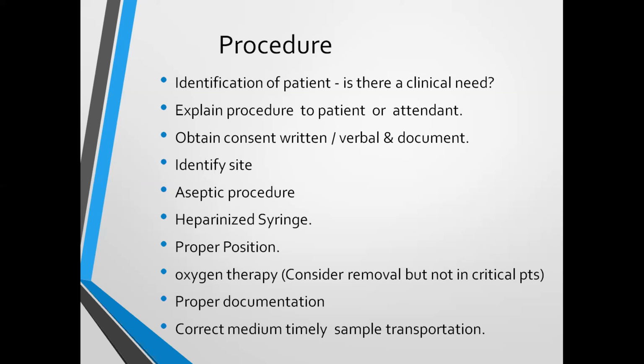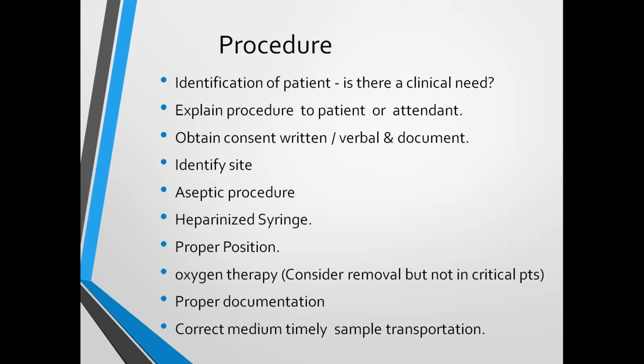Oxygen therapy: most of the patients who are in respiratory failure or on mechanical vent, the most important thing is that you should document the mode the patient is on, what the FiO2 is, or how much oxygen the patient is on.